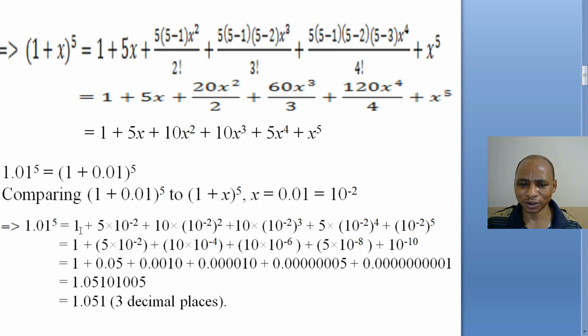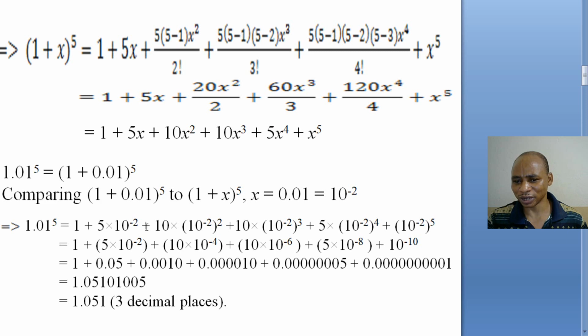And with this, we will end up getting (1 + 0.01) all raised to the power 5 being equal to 1 plus 5 times 10 to the power -2. Don't forget the previous was 5x, and this time x is equal to 10 to the power -2. That's why you can see that the x is replaced by 10 to the power -2. Hence 5 times 10 to the power -2.